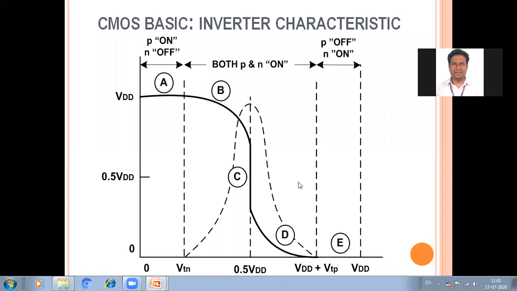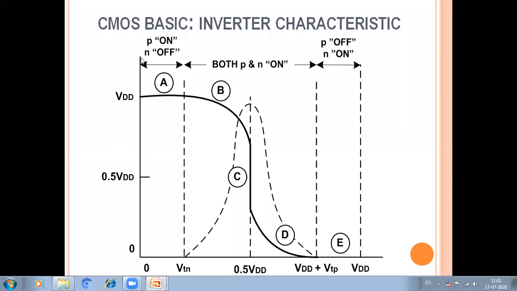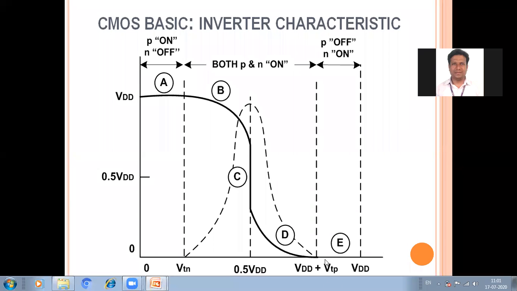Now, in the CMOS transfer characteristics, that is the input voltage versus output voltage for an identical CMOS inverter, this is the characteristics diagram.